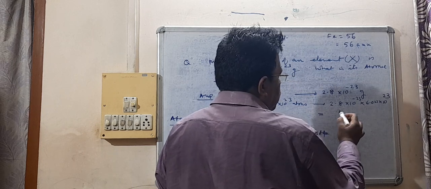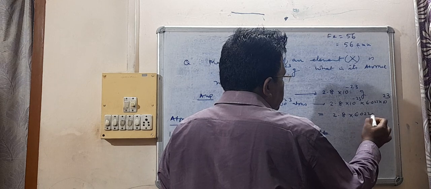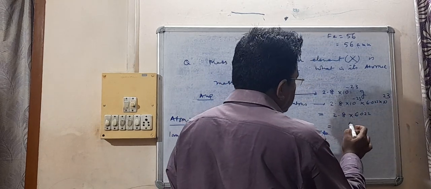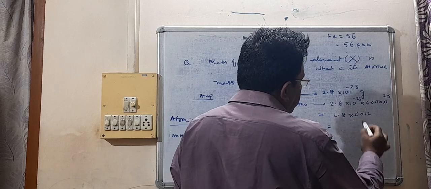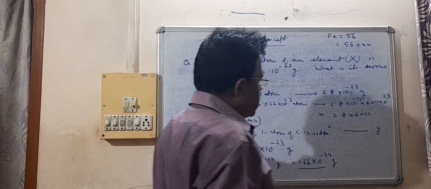So which comes out to be 2.8 into 6.022. This cancels. So you multiply this, you will get the answer in grams.